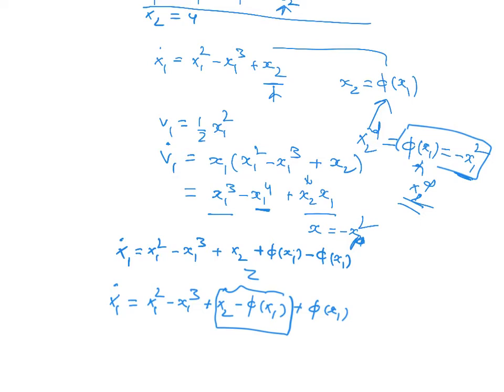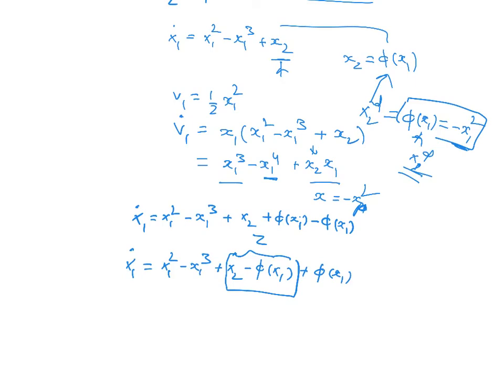You want your x2 to go to phi of x1, so that's the error z. So you can rewrite it as x1 dot equals x1 squared minus x1 cubed plus phi of x1 plus z.